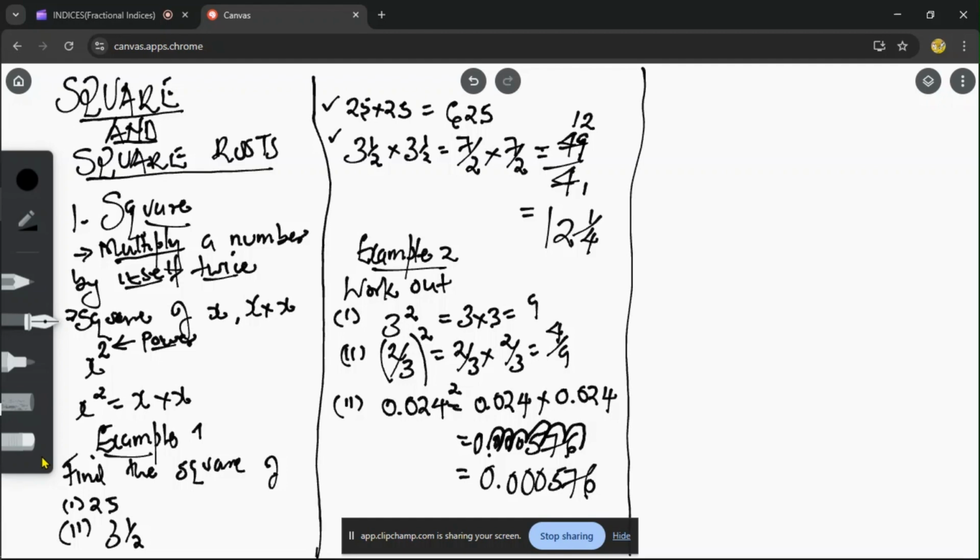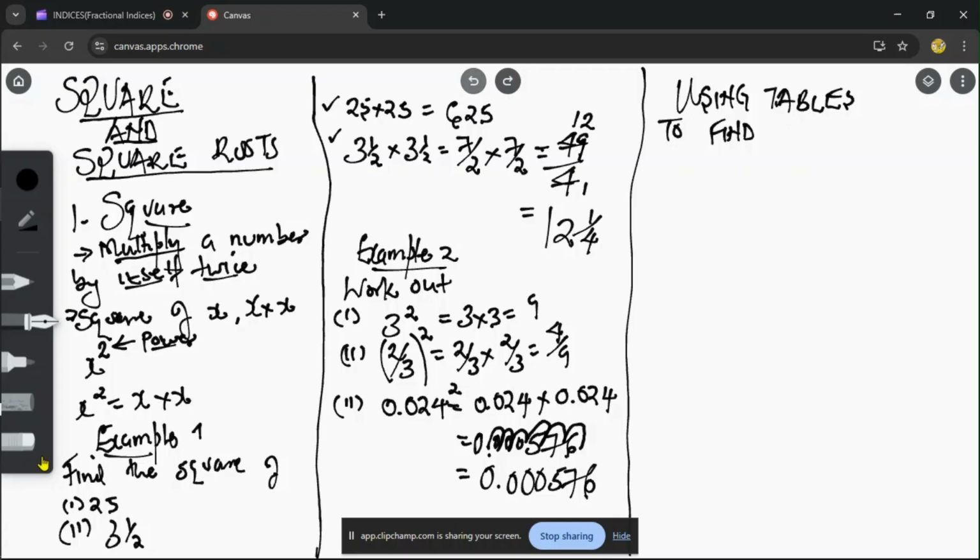But now method 2 is using tables, and this is where I want us to take some time: using tables to find a square.